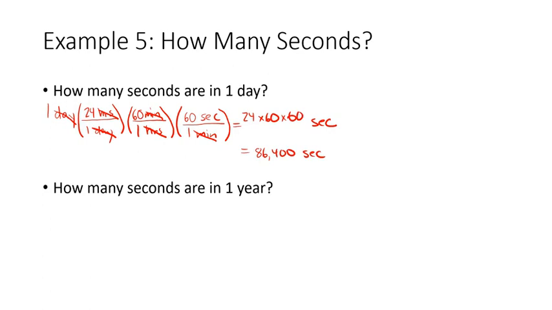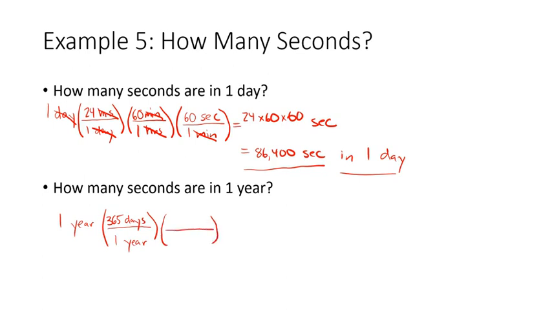So how many seconds are in 1 year? Well, we know there are this many seconds in 1 day, so we can use this as a conversion factor. 1 year, and just for the sake of the example, there are 365 days in 1 year. And there are 86,400 seconds in 1 day.